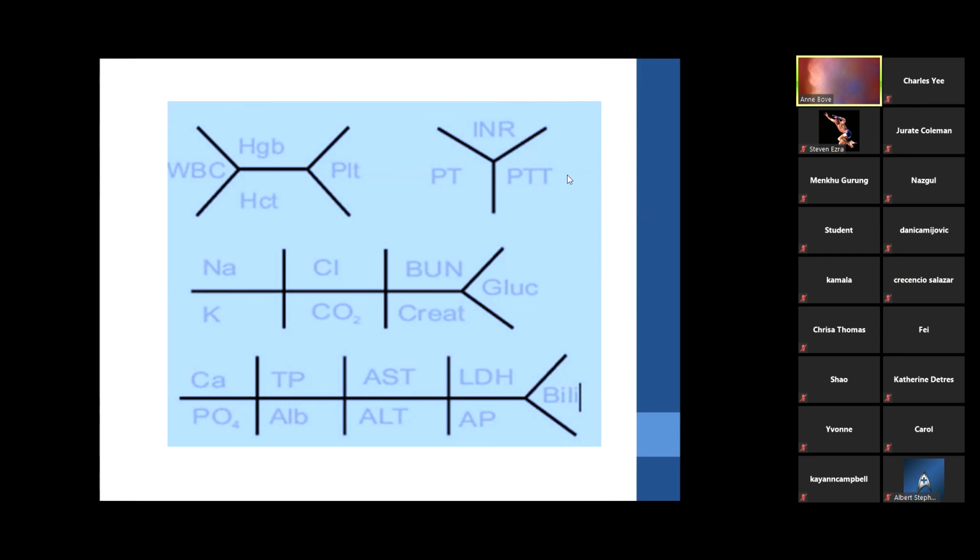Your CO2 actually reflects your bicarb on your blood gas. Then it's your BUN, creatinine and your glucose. The upper left-hand corner is your CBC. Your upper right-hand corner is your coagulation. And then your bottom is really your liver profile.